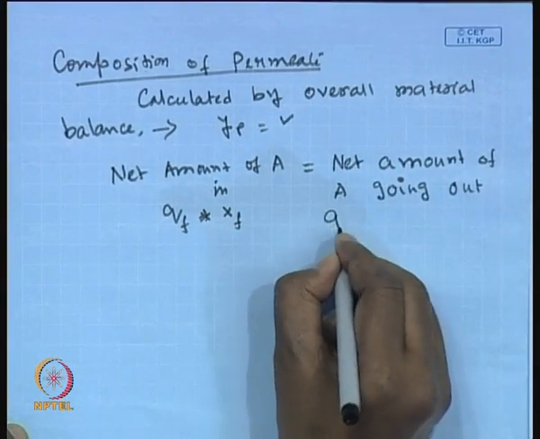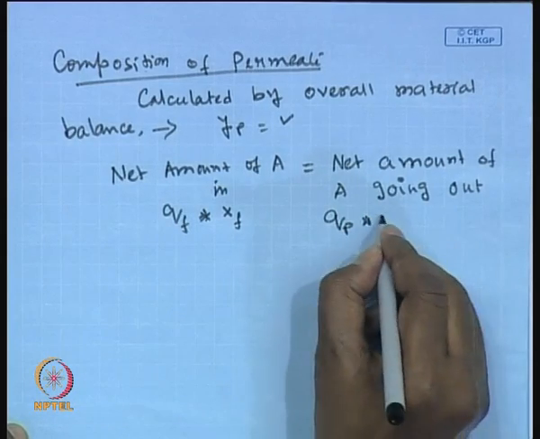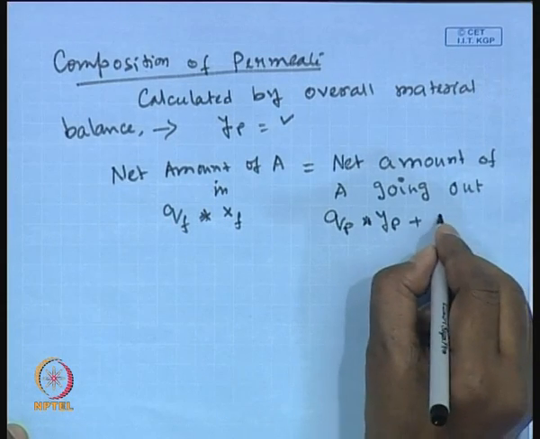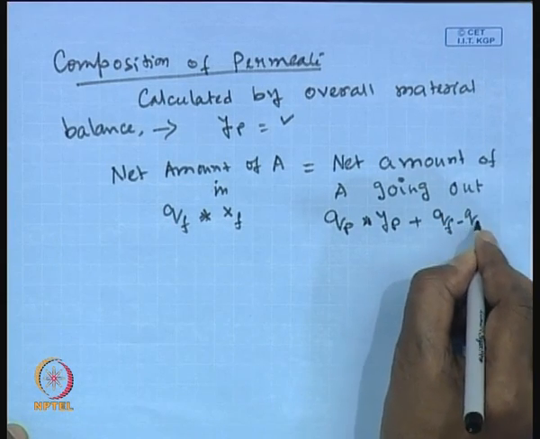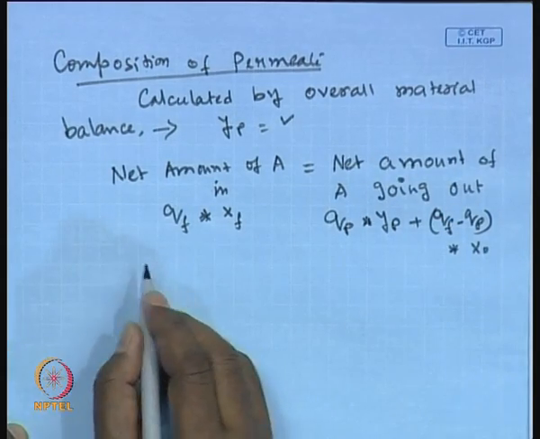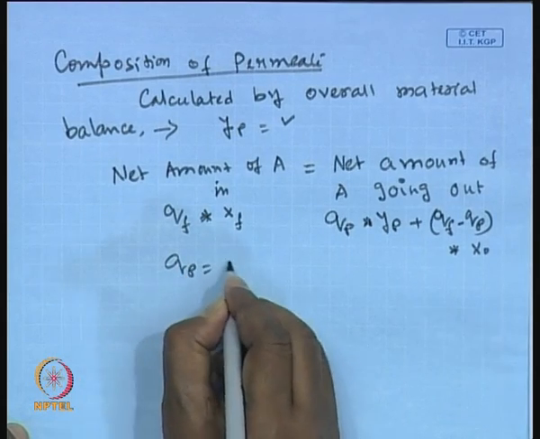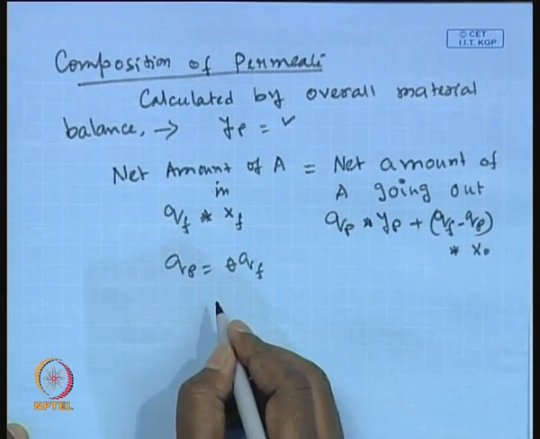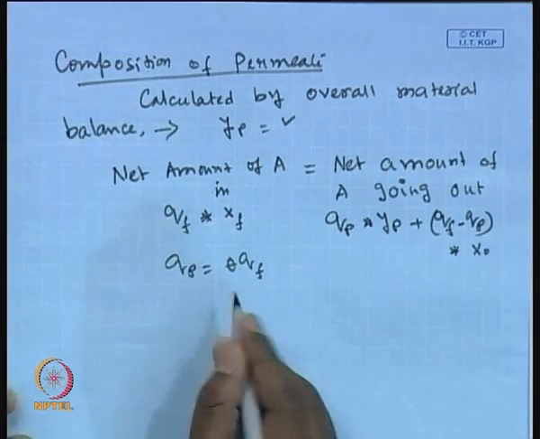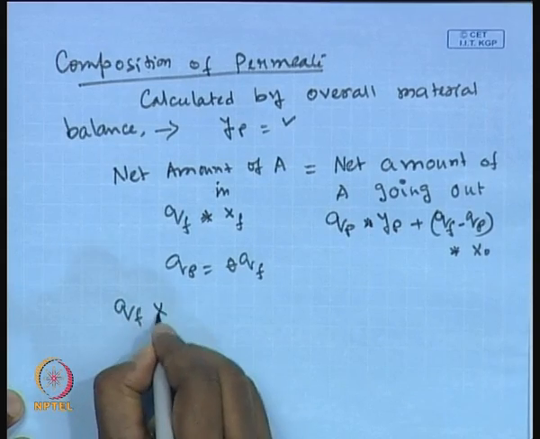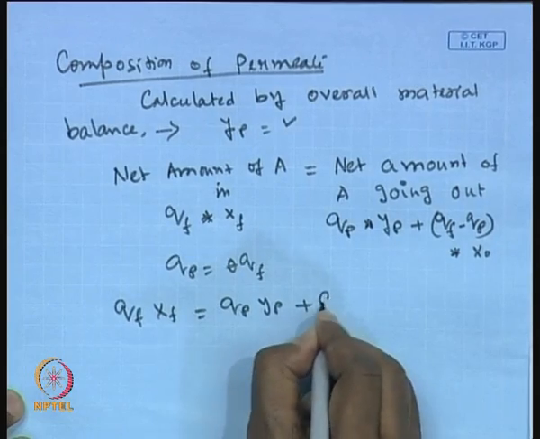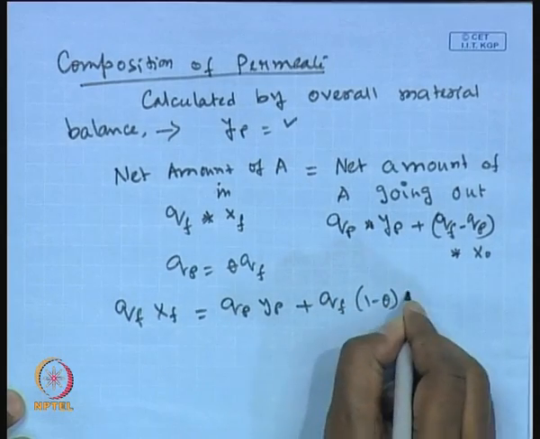So, it will be Q p multiplied by Y p plus Q f minus Q p, that is the reject stream multiplied by x naught, and Q p is nothing but theta times Q f, where theta is the cut ratio, the fraction of feed that is going into the permeate. So, if you do that, Q f x f will be nothing but Q p Y p plus Q f 1 minus theta x naught.